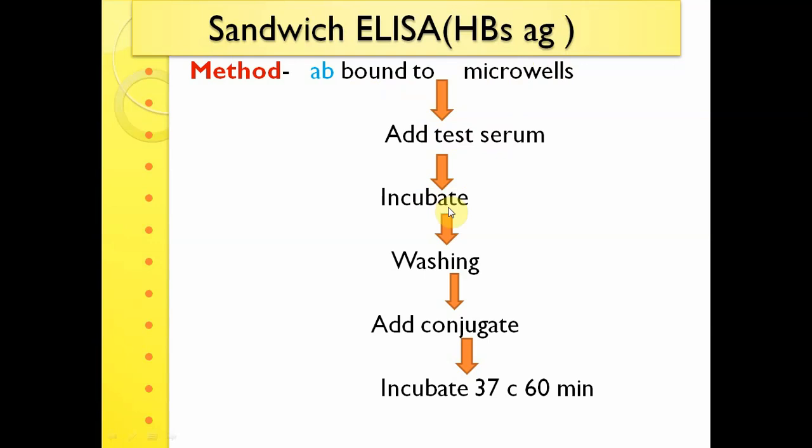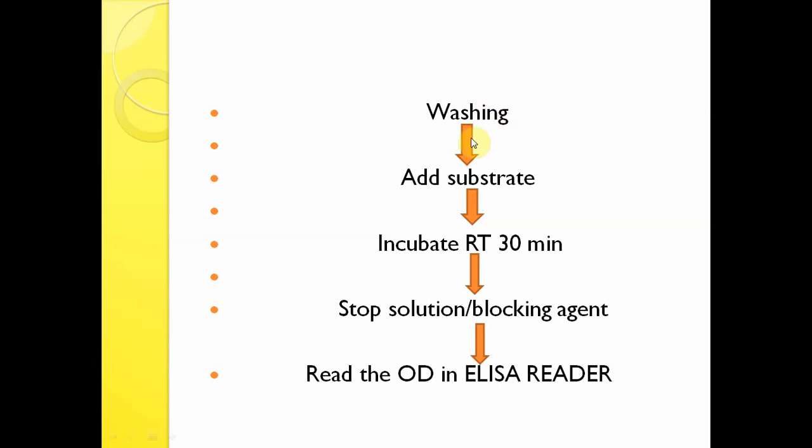After that, incubation. After incubation, washing is done, and now add conjugate, which will bind to the antigen antibody complex, and now incubate at 37 degrees Celsius for 60 minutes. Washing is done to remove the unbound material and add the substrate now. The substrate is the coloring or chromogen-containing reagent. The enzyme present in the conjugate oxidizes this chromogen to give a colored product.